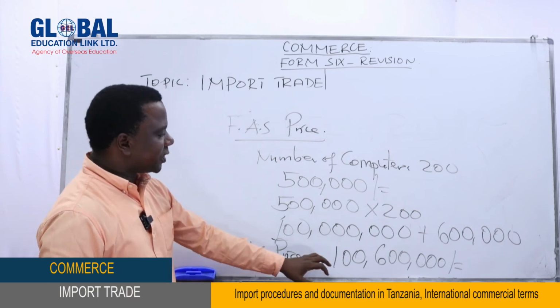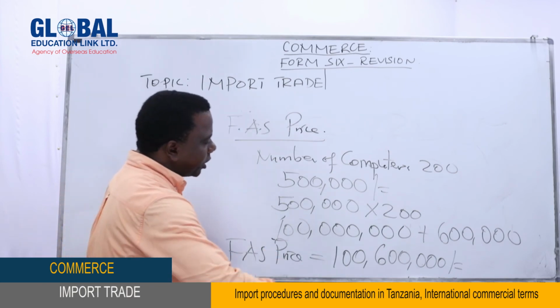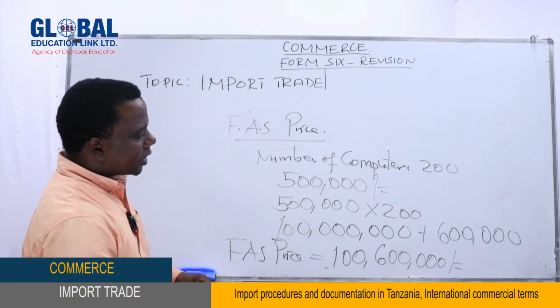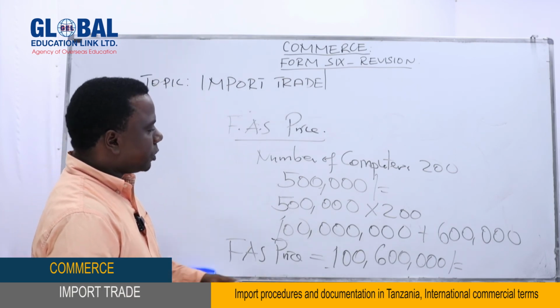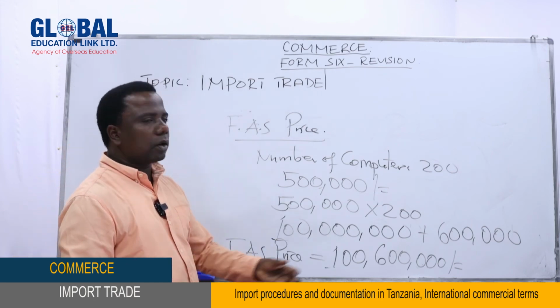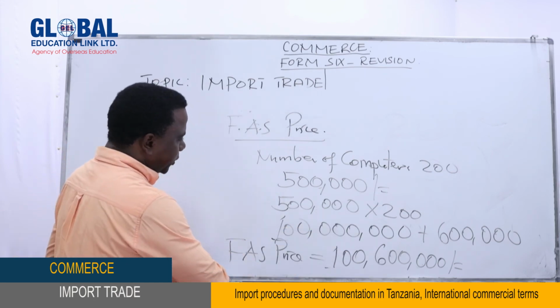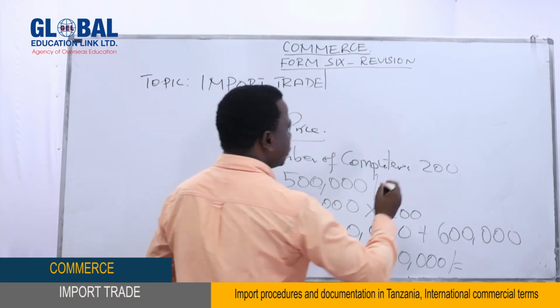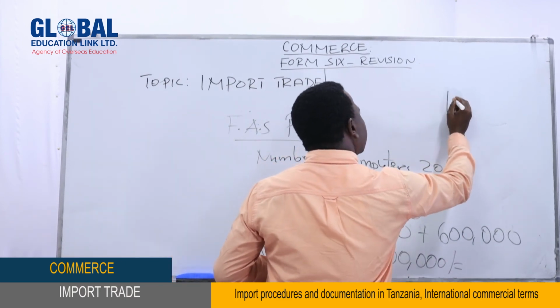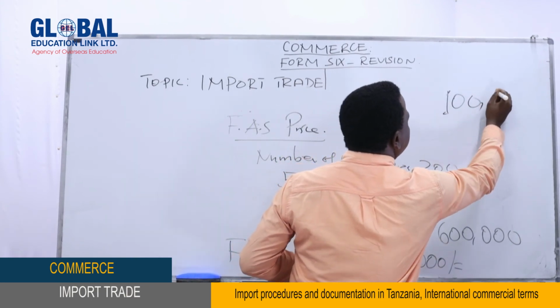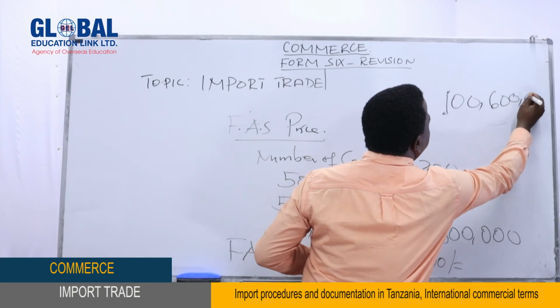So first price is 100,600,000. Hope everybody is okay with this calculation. Number two is, after getting this figure, make sure you keep it somewhere because you are going to use it.